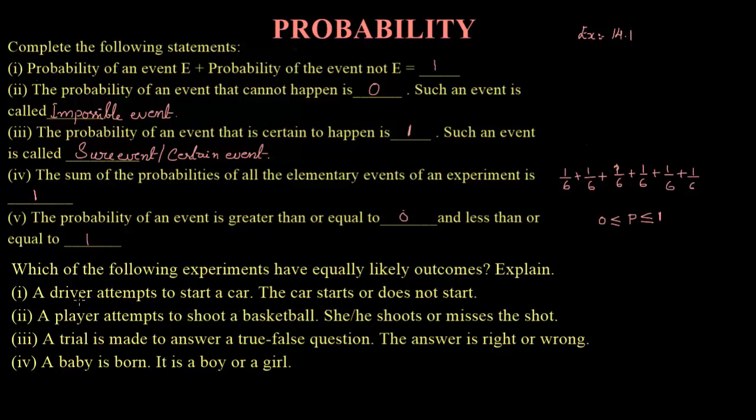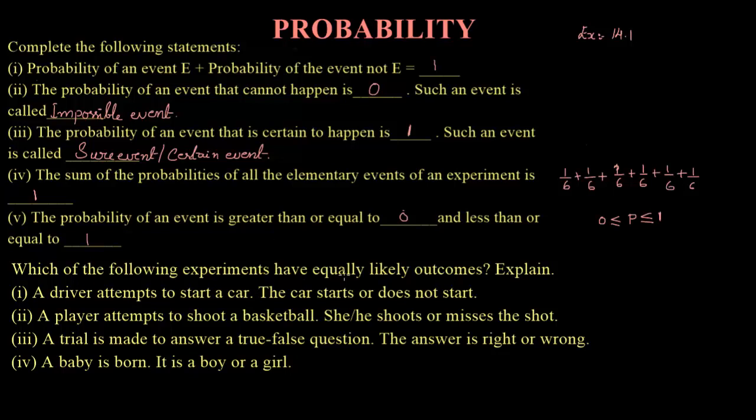A driver attempts to start a car and the car starts or does not start. So we need to find the probability of starting a car and not starting a car, right? So what is the probability of starting a car here?